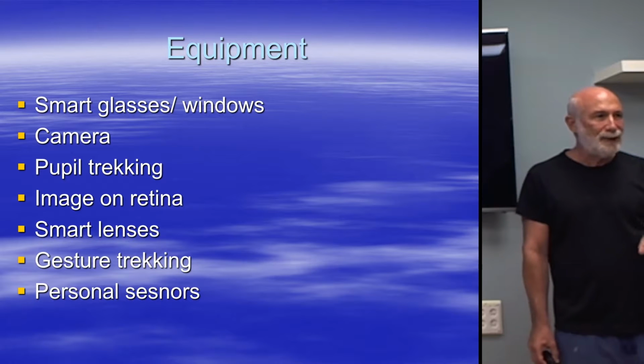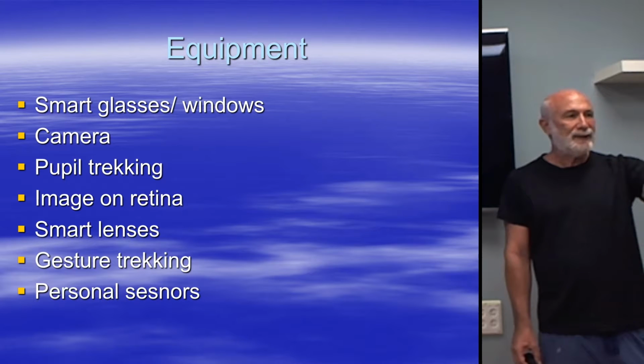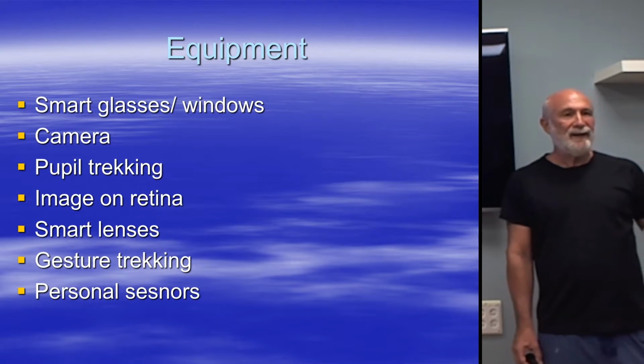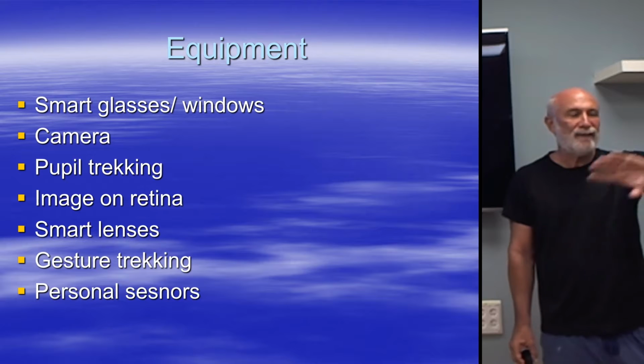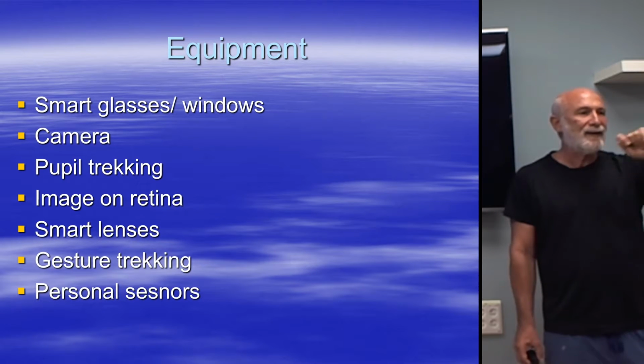As far as getting augmentation of reality, there are basically two methods. The method used today is projecting an image onto your eyes. The smart glasses which exist today use lenses which are very simple. There is nothing in the lens. You can replace them, you can take them out.